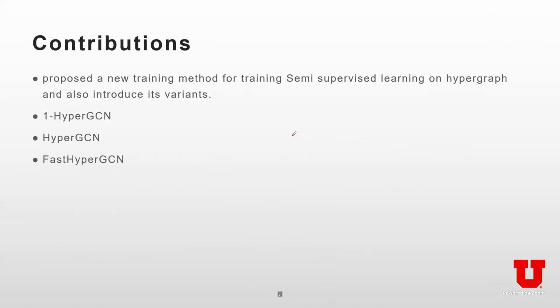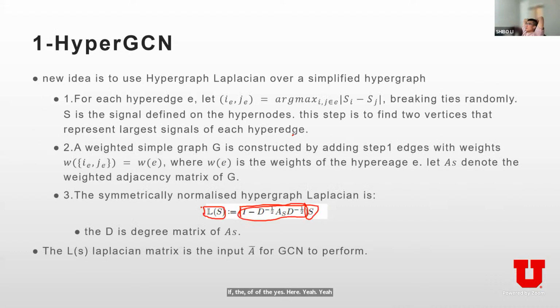Okay. What is the Laplacian of normal GCN? Actually, it's just this one, because this AS is also just a normal graph. This is the graph after the conversion. So what is called the Laplacian?